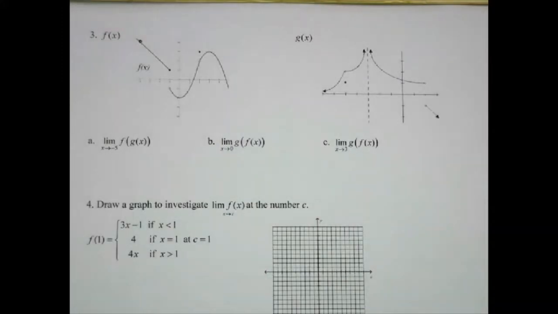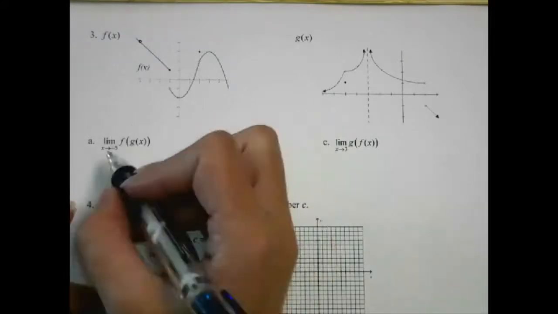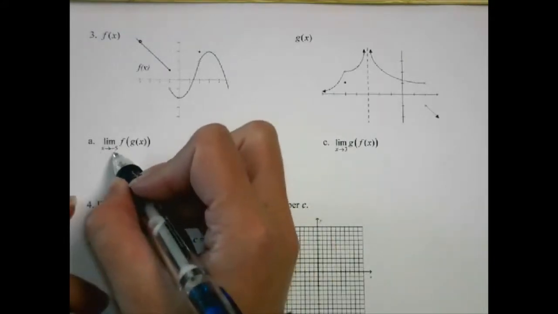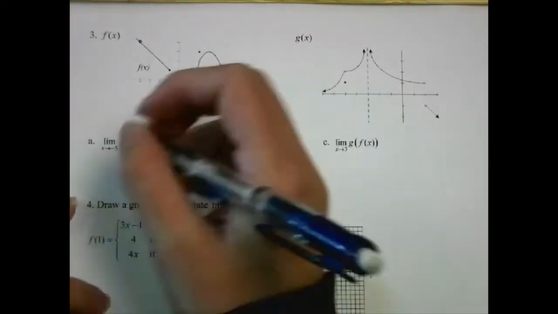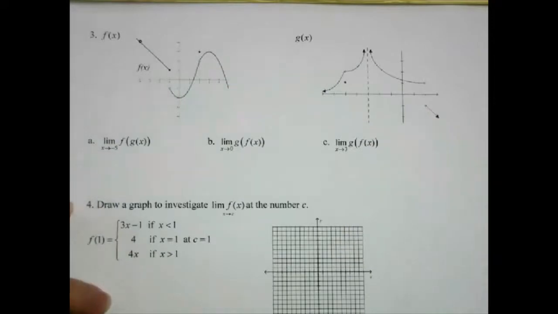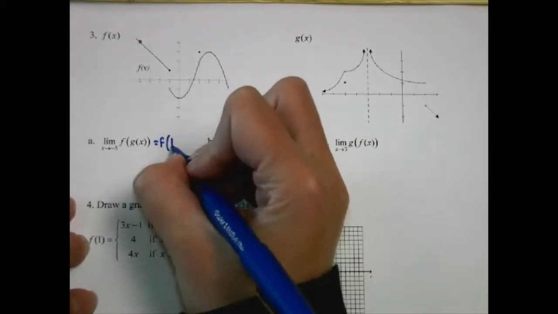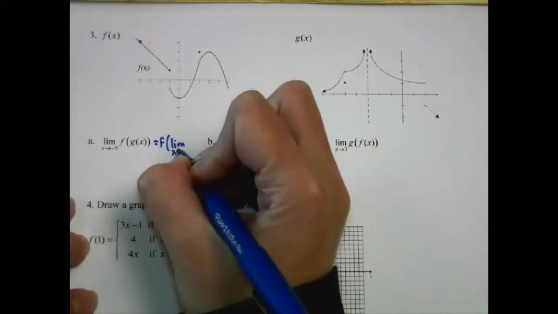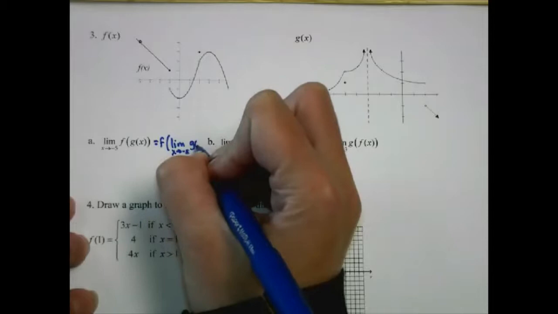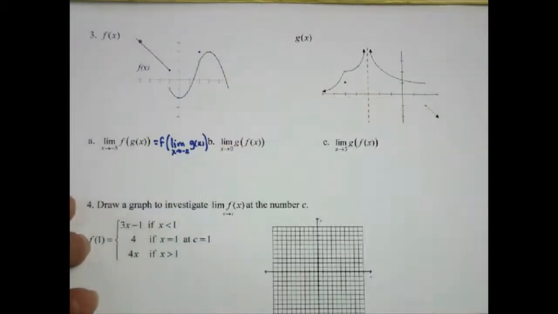Here we have a graph, and what we're taking the limit of is a composition. So we're looking at the limit as x goes to -5 of f of g of x. Well, that's going to equal f of the limit as x goes to -5 of g of x. So we're going to go to the graph of g.